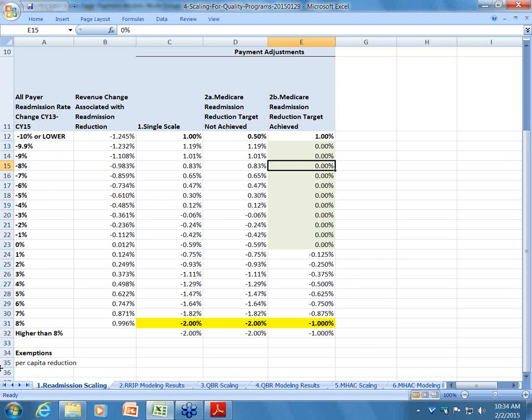Mm-hmm. So I wondered if there was a way to adjust the starting points so that everybody was on an even playing field, because we're not right now with this just year-over-year comparison. That seems to me sort of a basic inequity to the scaling process that should be considered.